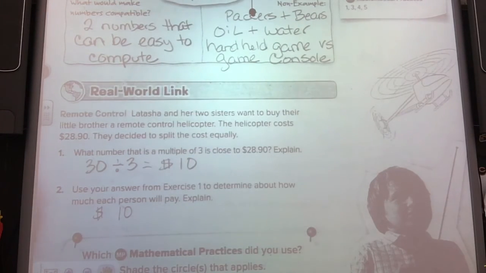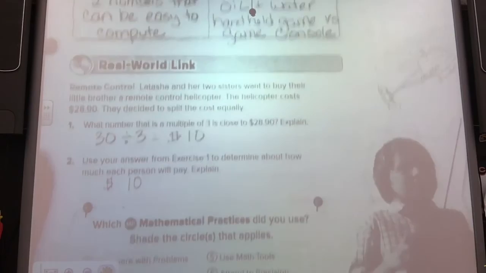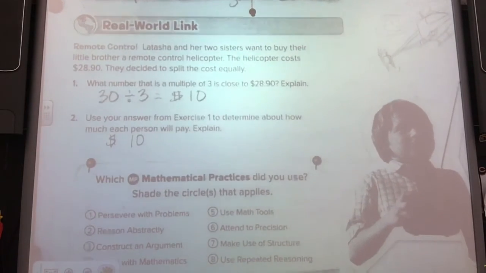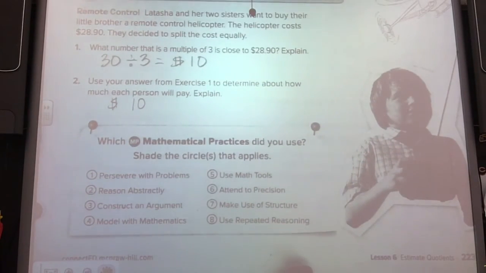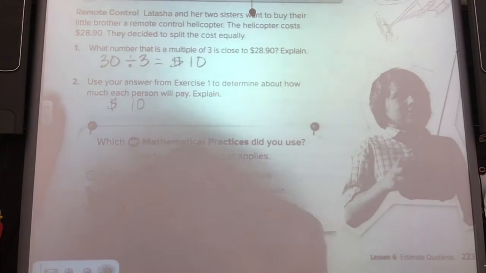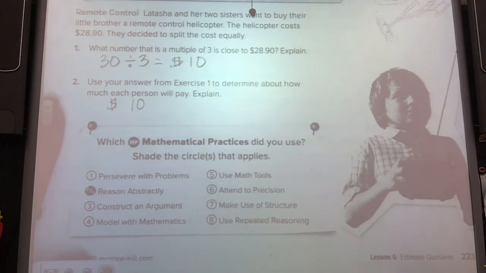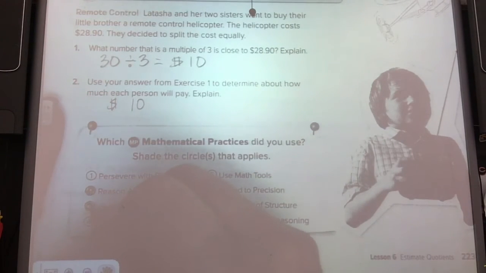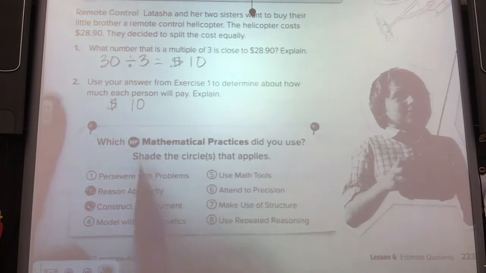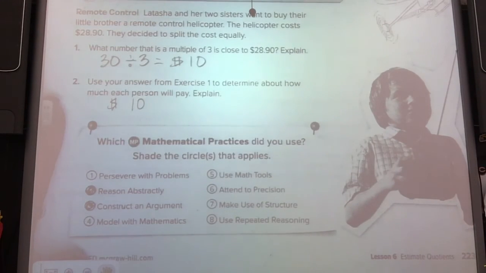All right, what mathematical practices are we using when we talk about this real world link? You have to reason abstractly because we're dealing with story problems, and those are always an abstract concept. We can construct an argument with this one because we can say that, hey, you know what, $28.90 is really close to 30, and that's a fair share.